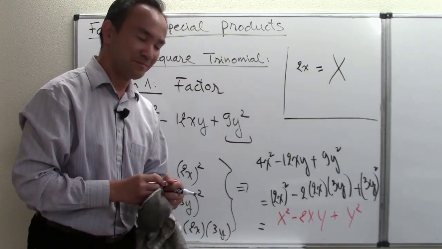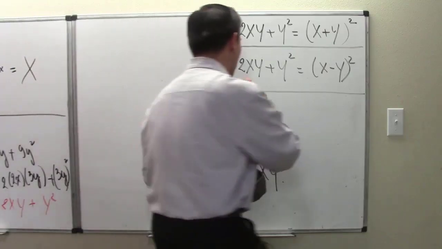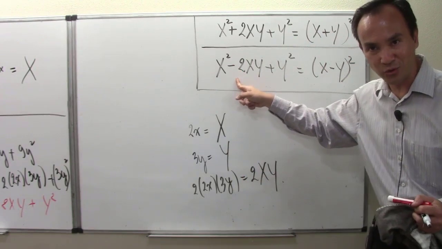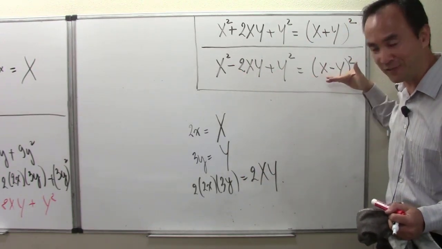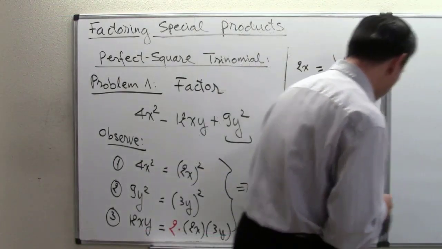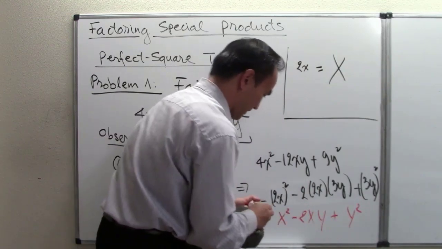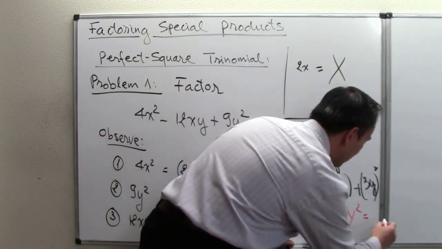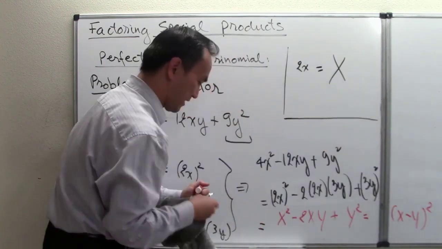But then we have learned, and I've noted that on this board, that this special product has its unique factored form, (X minus Y) all squared. And so into our problem, it equals (X minus Y) all squared.